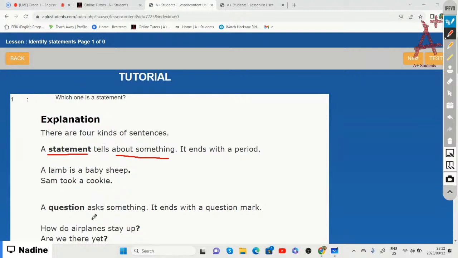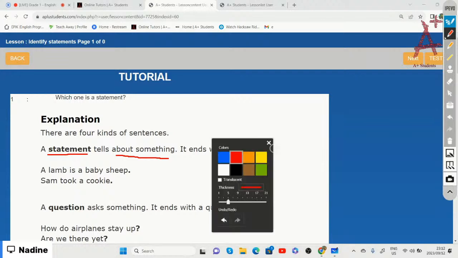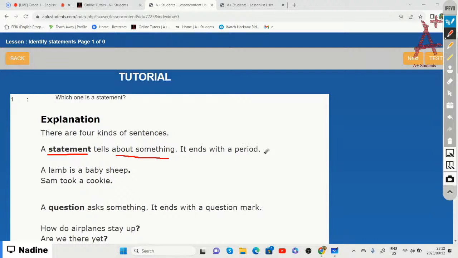And with a statement, it ends with a period. A period is basically like a full stop. So after every sentence, your sentence ends with a period. It's like a full stop.